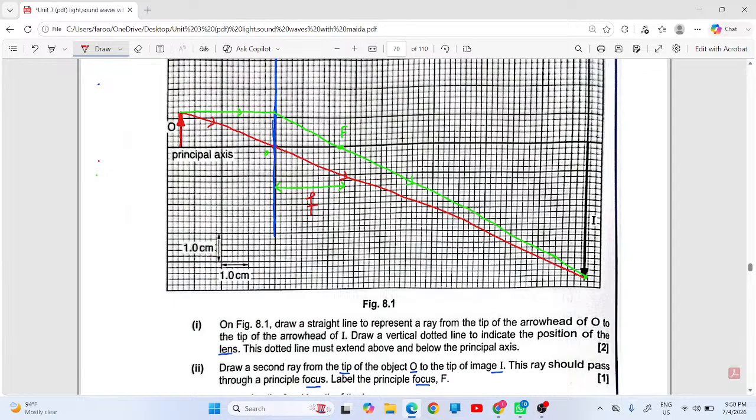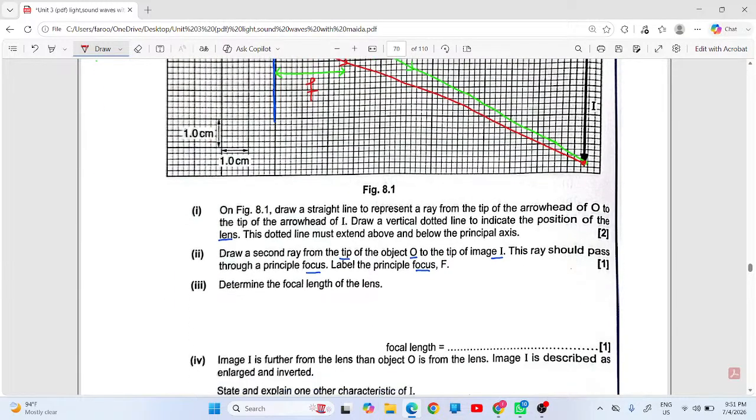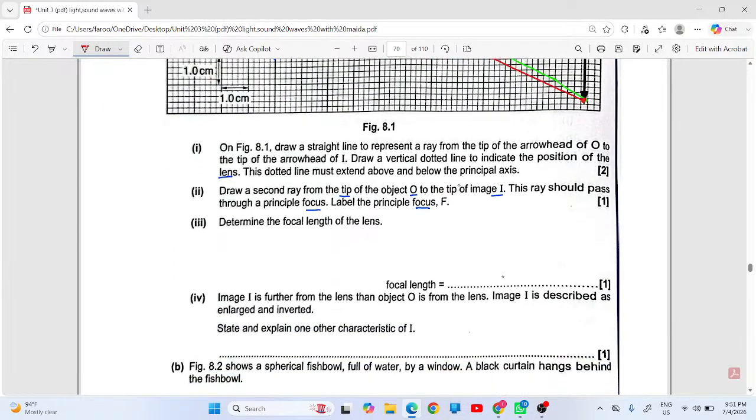After passing through the lens, the light ray has to pass through the focus, and then you see where it joins at the tip. So by my calculation the focal length is almost 2.5 centimeters, and the given range is 2.2 to 2.6.